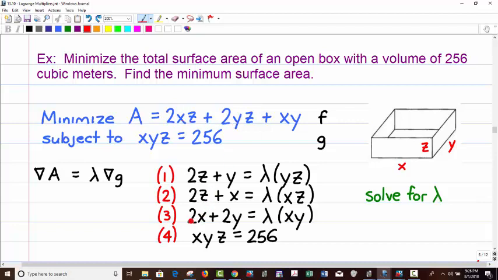Oh, I jumped ahead of myself to z, excuse me. But anyway, I'm pointing at it now. And then the y, only the second two terms have a y. So it'd be 2z plus x. Here are my lambdas, and now the constraints here, the partials here would be yz, xz, xy. And of course, x times y times z equals 256.